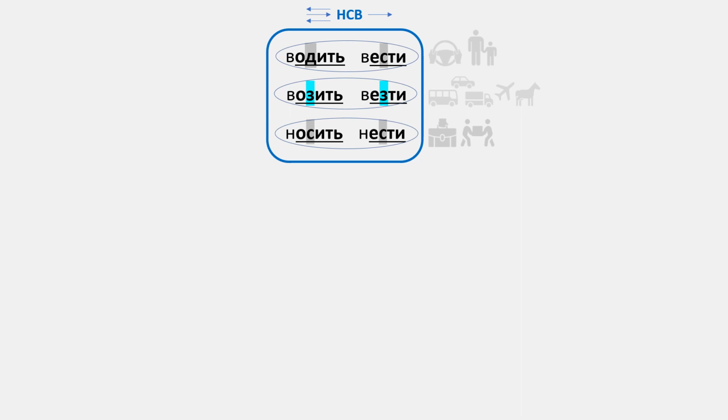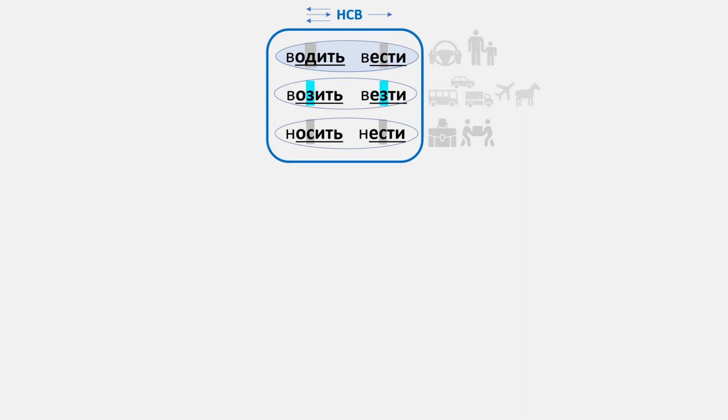Now, let's see how unidirectional and multidirectional forms are used in sentences. Водить, вести, to drive a vehicle or to take somebody somewhere. Водить is multidirectional. Do you take your child to school every day?